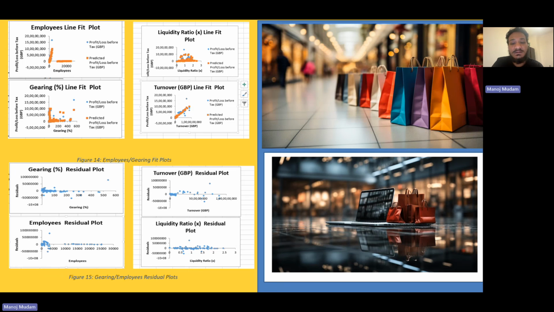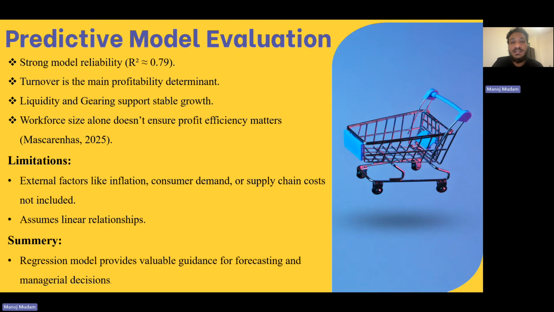Now going to the next slide. Predictive model evaluation. The model reliability R2 is 0.9, turnover is the main profitability determinant, and liquidity and gearing support stable growth.